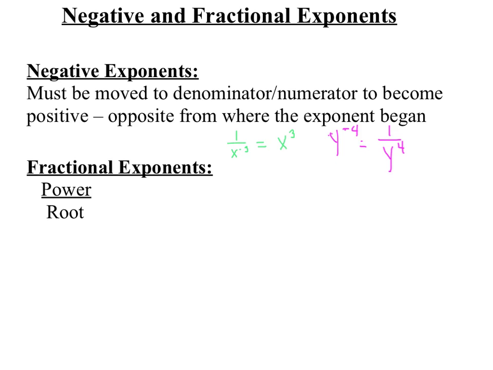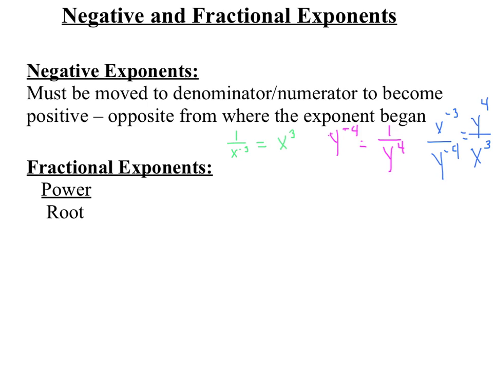So one more, if I had x to the negative third divided by y to the negative fourth, I'd move my y to the top, so it'd be y to the fourth in the numerator, and I'd move my x to the bottom, so it'd be x to the third in the denominator.